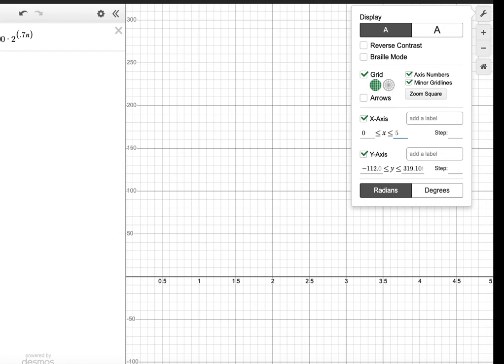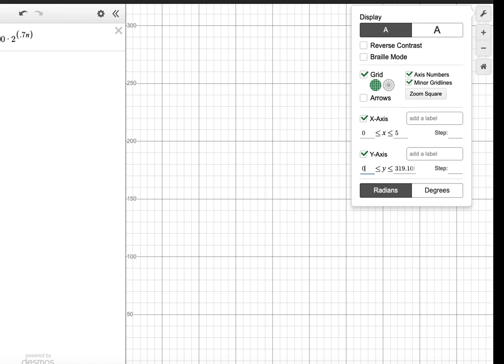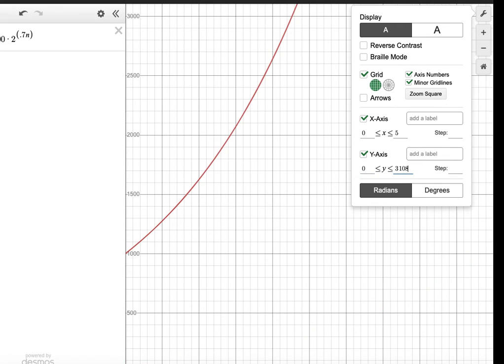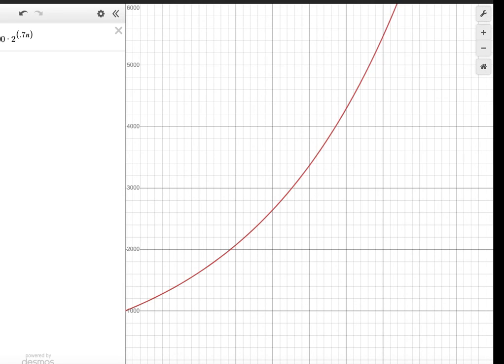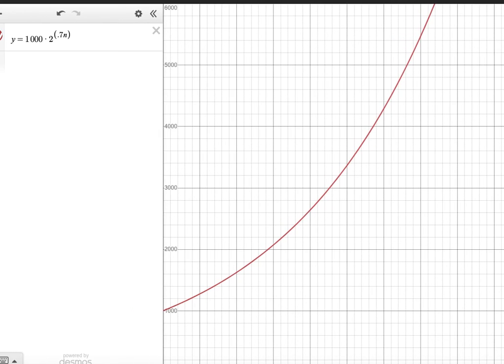Let's do that. Okay. And then on the bottom, we're going to go maybe 0. They want us to look at 5,000, so let's go to 6,000. Now, that's going to be a little bit easier to see what's going on.